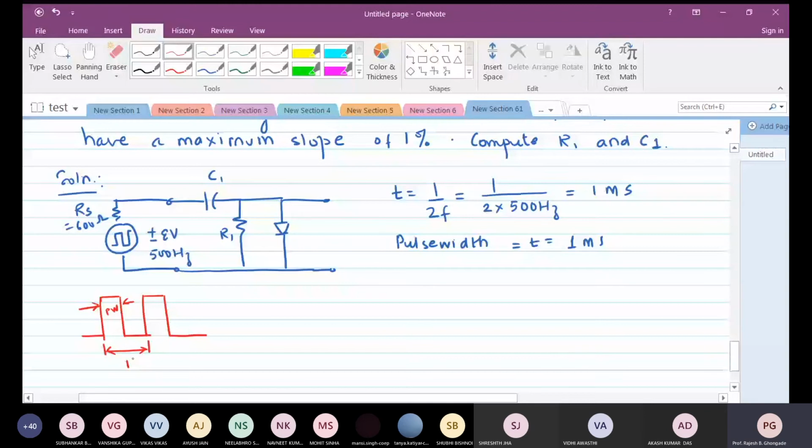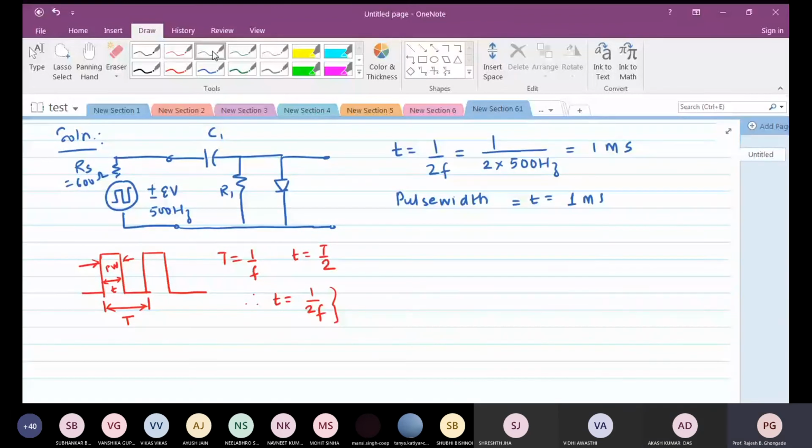This is the total period, small t. Do you see the relationship? T is 1 by F. If this T is T by 2, 1 by 2F. Therefore, T, that is the pulse width, will be 1 upon 2F. Understood now?